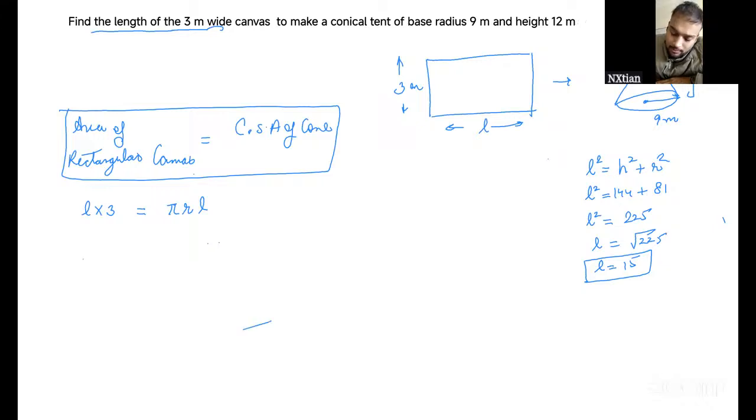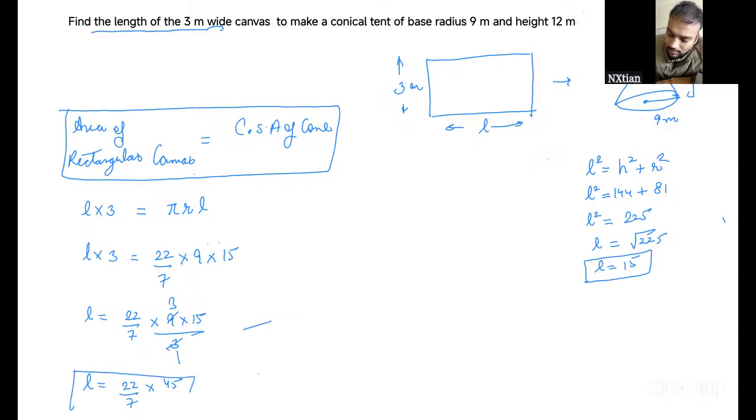Now I have to put the value into 3 into L equals 22 by 7 into r, which is 9, into l, which is 15. Now you have to solve this. So L is equal to 22 by 7 into 9 into 15 divided by 3. 3 ones are 3, 3 fives are 15, so L is equal to 22 by 7 into 45.